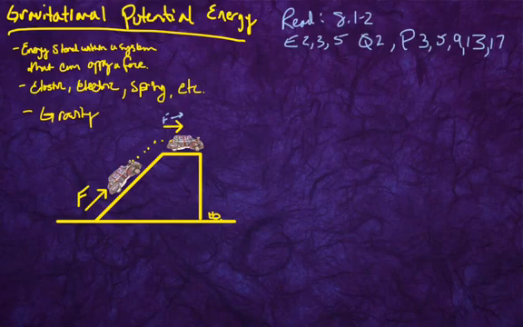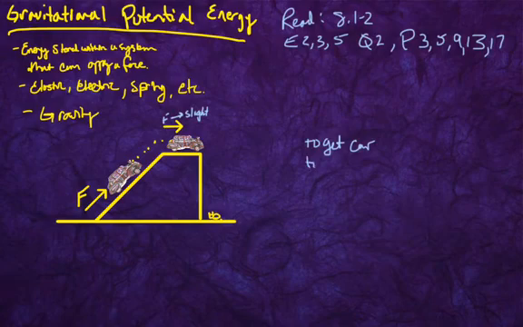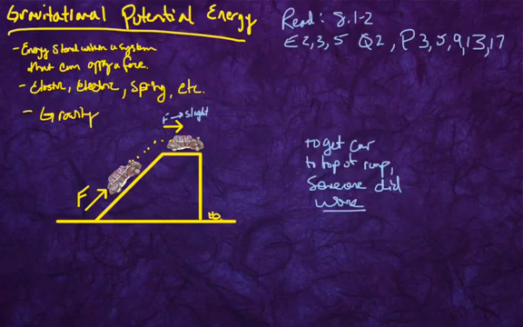And then we exert a teeny tiny force, just enough to get the car over. Now mind you, to get the car to the top of the ramp, someone had to do work. It's hard to push this big old heavy sedan up to the top of a ramp. It hurts my back if I push too hard.